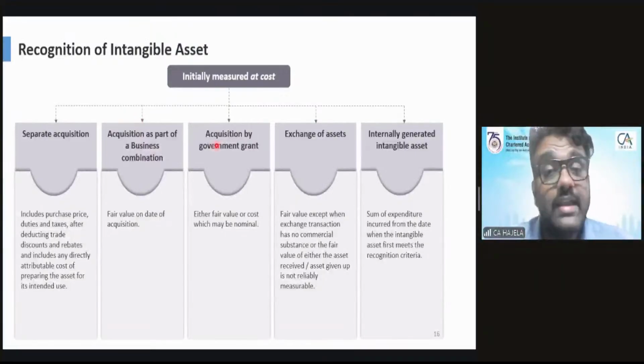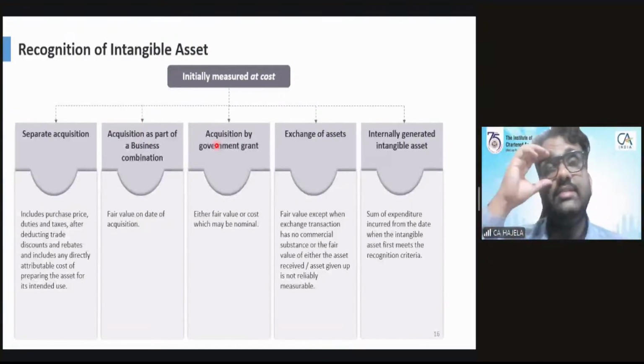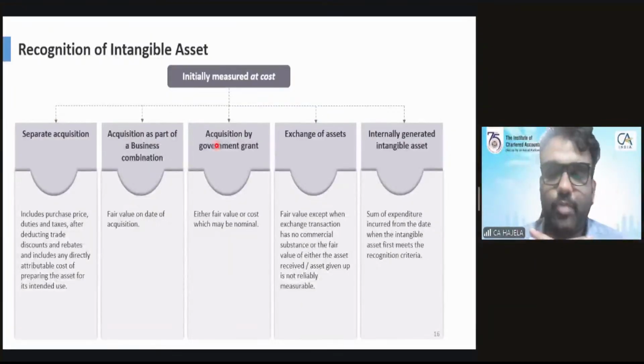Now, many a times government gives grants. Now you will be like, sir, government gives grants like land, which is property, plant and equipment, or an investment property for that matter, right? But many a times governments give grants in terms of a license, right?